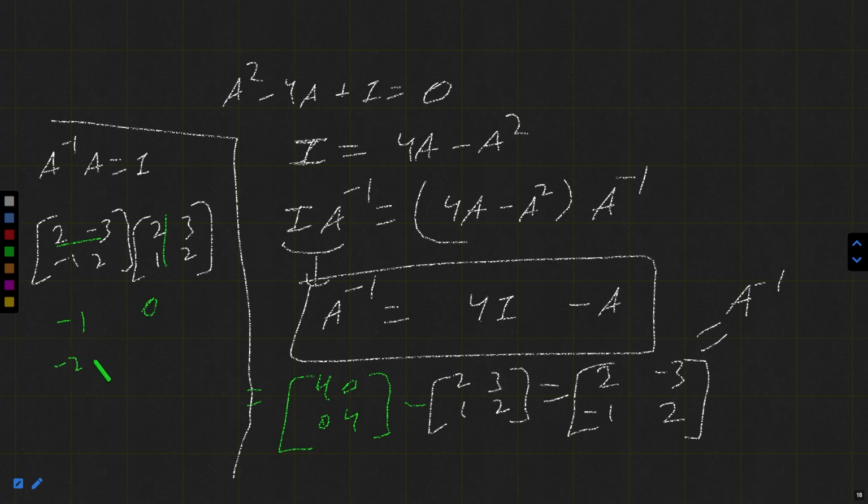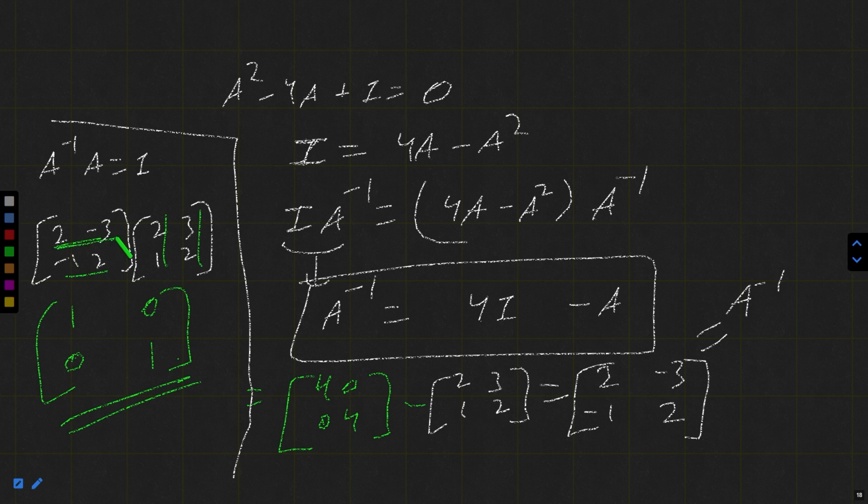Minus 2 plus 2 will give me 0. And this is going to multiply with this: minus 3 plus 4. So 4 minus 3 will give me plus 1, and this will also give me plus 1. As you can see, you will be getting your identity matrix.